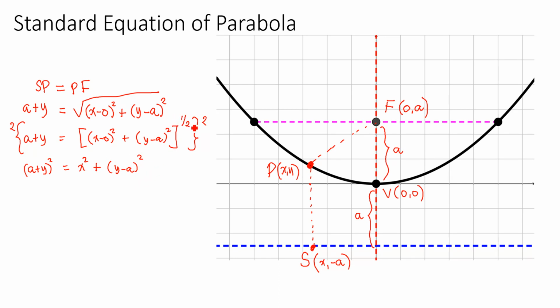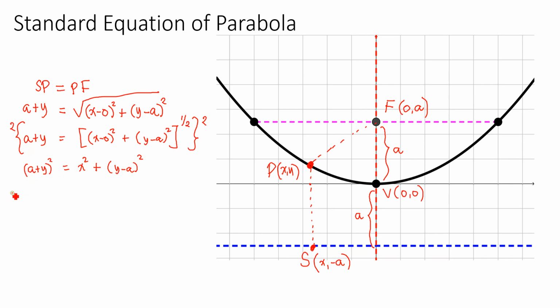Now, as you can see, on the left side we have a power of 2, and on the right side a power of 2. Now, let's try to expand this. To expand the left side, you have a squared.